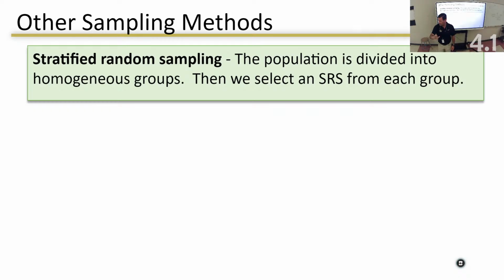Well, if I want a random sample and I don't want only females, I want to make sure I got some guys in there, then I'll stratify them. I'll get 2 from here and 2 from here. Then I'm guaranteed to get some from both. If I do it with school, I'm guaranteed to get seniors, sophomores, freshmen, juniors. If I don't stratify, I'm not guaranteed.